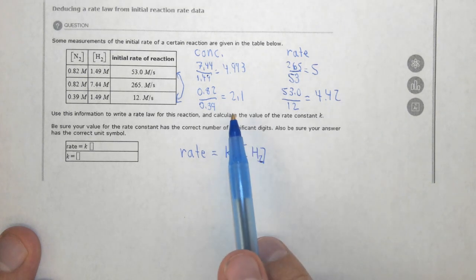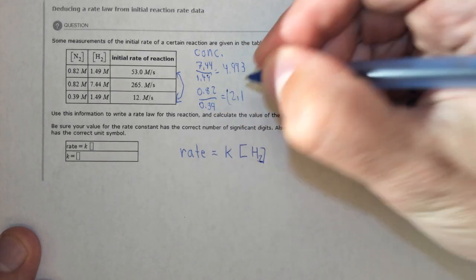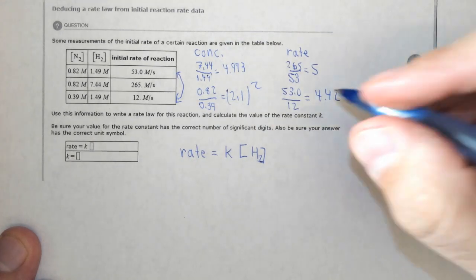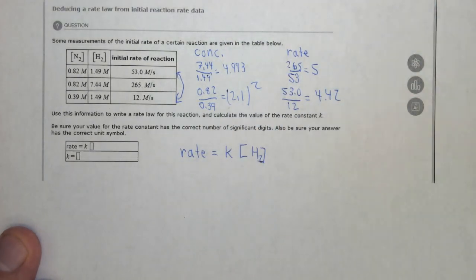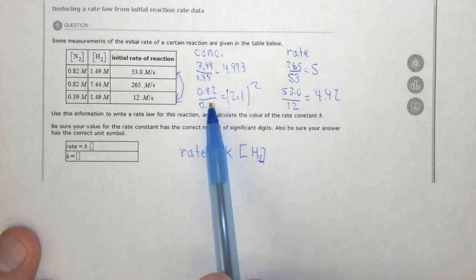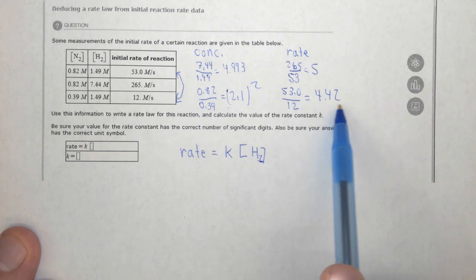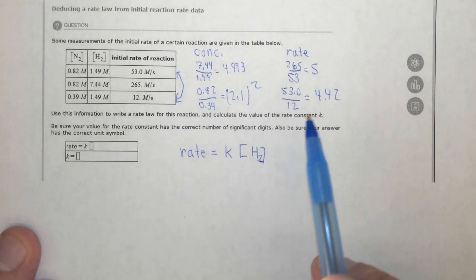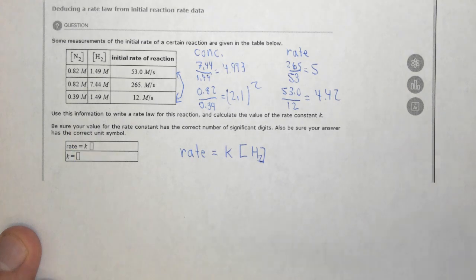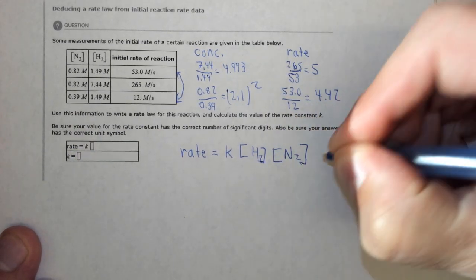Well, to convert 2.1 into 4.42, you have to square it. Said another way, if you took the square root of that, you would get this. So if I essentially double, or 2.1 times the concentration, I get 4.42, or essentially 4 times the rate. So it's second order with respect to nitrogen, which is the concentration of N2 squared.